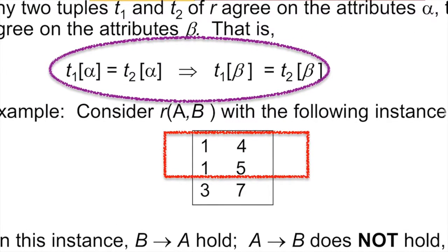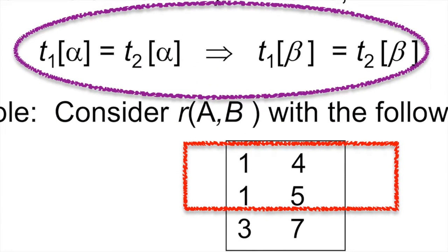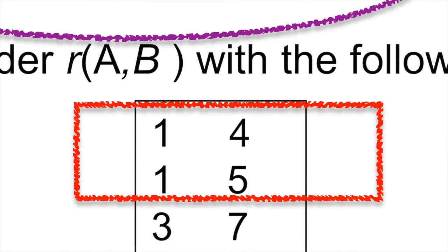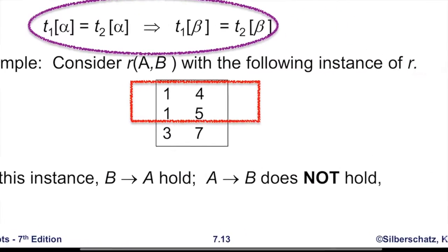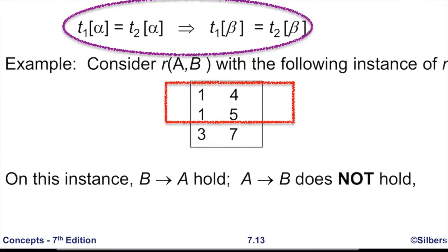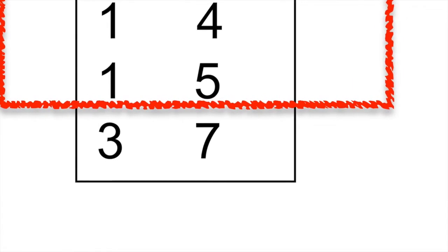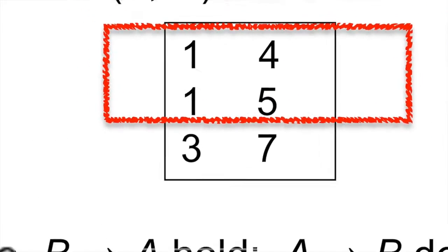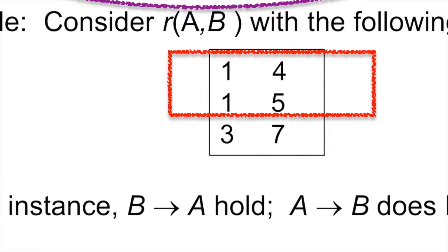Because in this instance, na-disobey na niya yung pareho sila dito sa A, pero magkaiba sila dito sa B. Pero hindi niya na-disobey yung B then A na functional dependency because in this example, for every possible pairs of value ni tuple sa B, magkakaiba na sila.